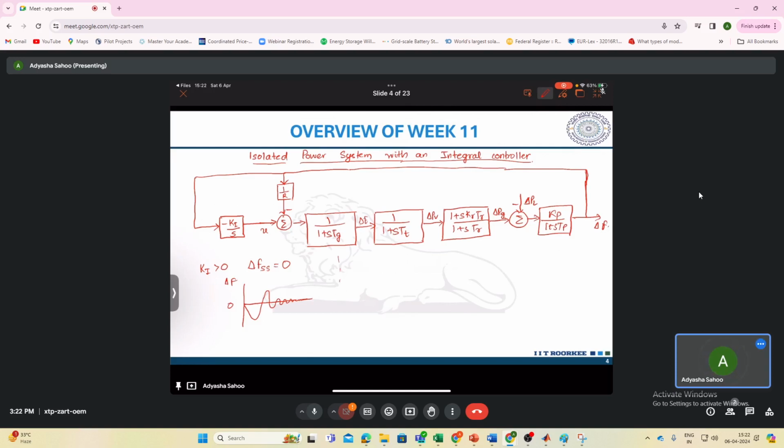Now this U steady state will be the same as your change in load, that is delta PL or PD. So let's say delta PD is here.